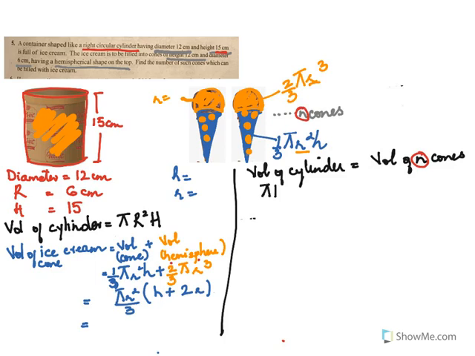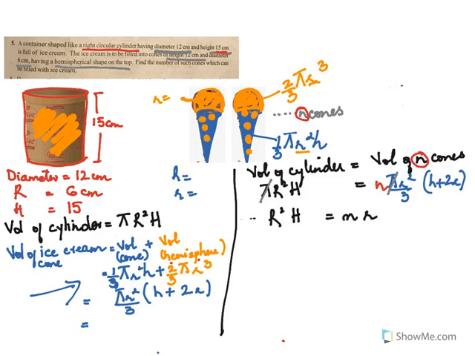Pi r square h is the volume of the cylinder, and the volume of the cones will be pi r square over 3 times h plus 2r, for n cones. We can now strike out pi. So we are left with r square h equal to n r square over 3 times h plus 2r.